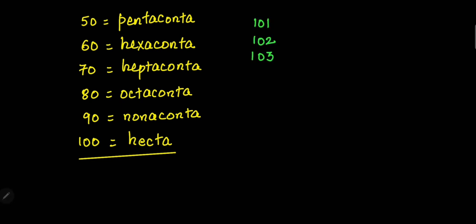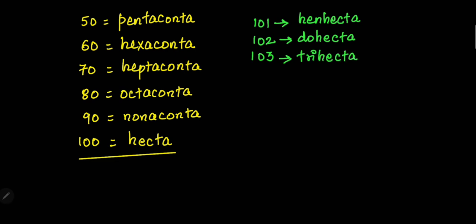Right. So what are the names for 101, 102 and 103? This must be henhecta. Dohecta. Trihecta. And this nomenclature will continue.